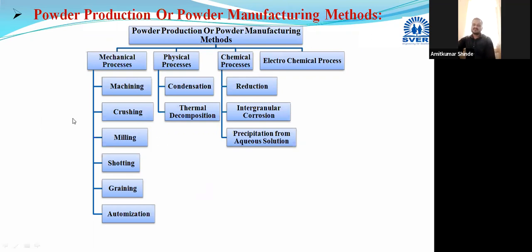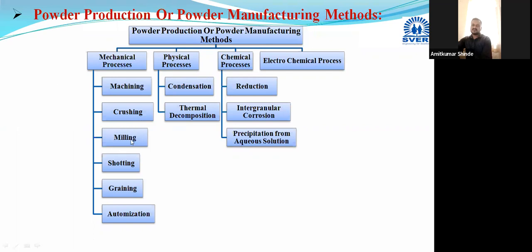And here we are getting the shape and size of the powder particles depending on the material type. If it is brittle, we will get angular shape. If it is ductile, we will get flake shape powder particles. And this crushing technique is mostly suitable for brittle materials. Brittle material can be easily crushed, and we can obtain the powder particles.